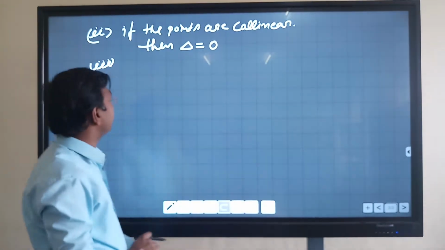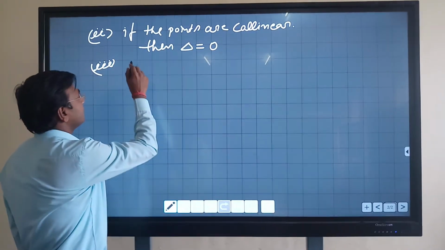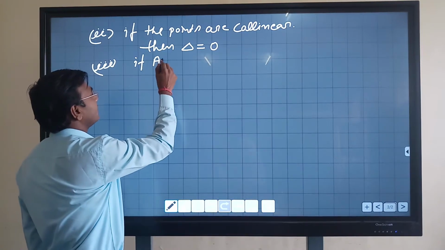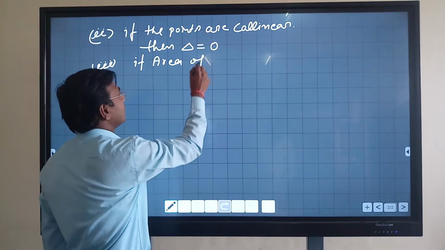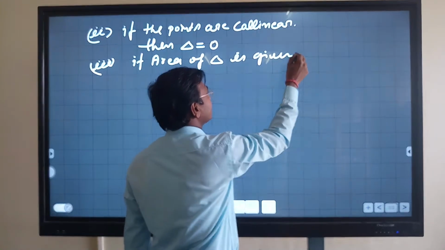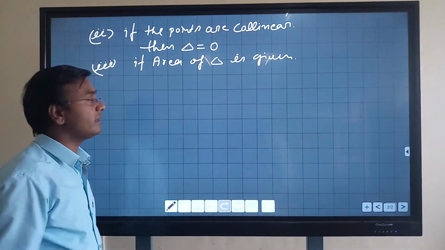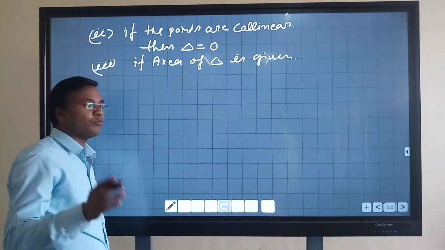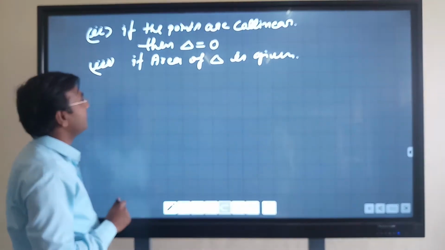Now point number 3: if the area of the triangle is given. Sometimes the area of the triangle will be given in the question and we have to find a coordinate.